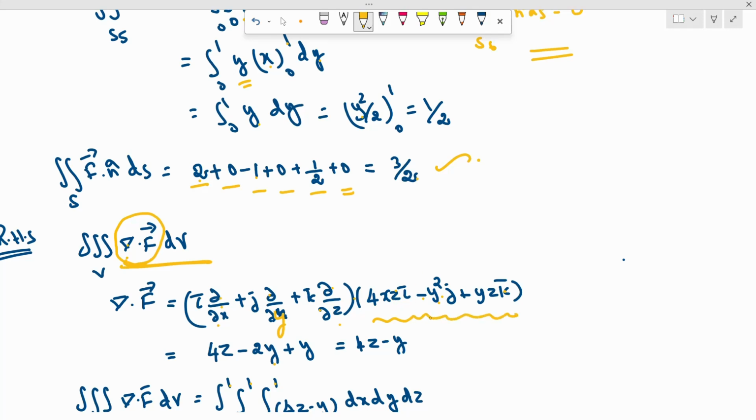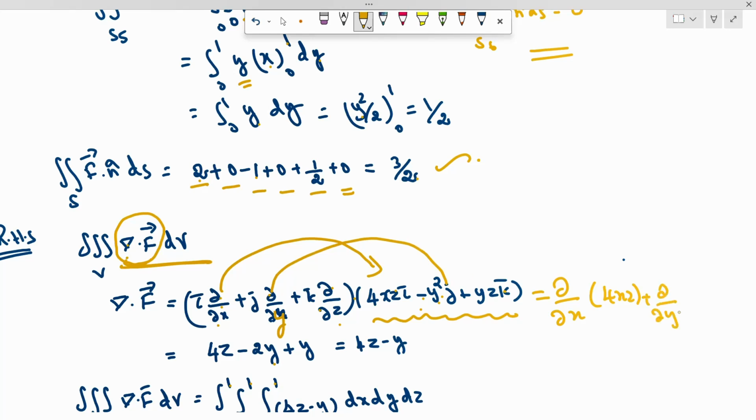This is our given f vector. Taking dot product for these terms, first term this into this, i dot i value 1, dou by dou x of 4xz. And then next second term, j dot j value 1, plus dou by dou y of minus y square. Third term will be plus dou by dou z of yz. k dot k value is 1.